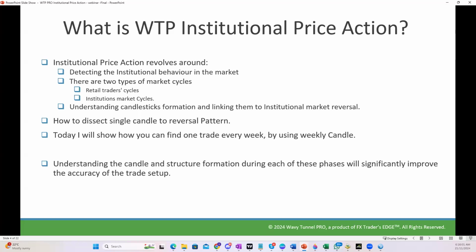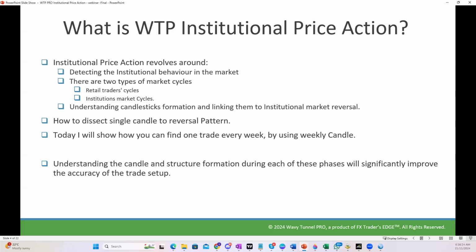Today I want to show you how I dissect a single candle to find a reversal pattern and to find a trade almost every single day or every single hour. It doesn't mean that if the day started 3 hours ago, I missed my trade. No, you can find it on every single candle, like the 1 hour.